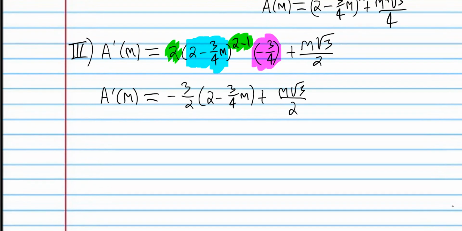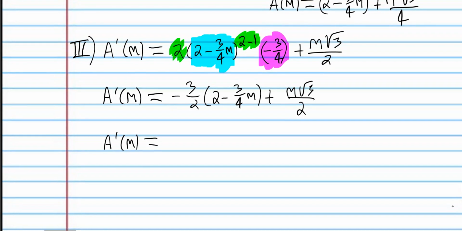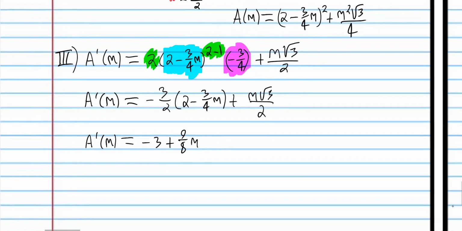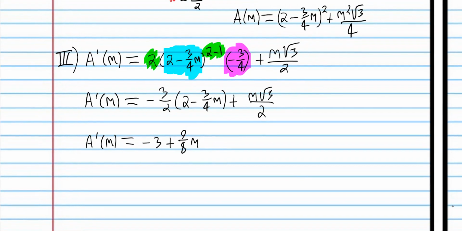And then we can distribute the negative 3/2, and we get negative 3 plus 9/8 m plus m root 3/2. So there you go. That's the derivative.